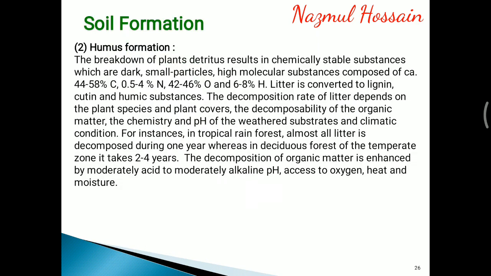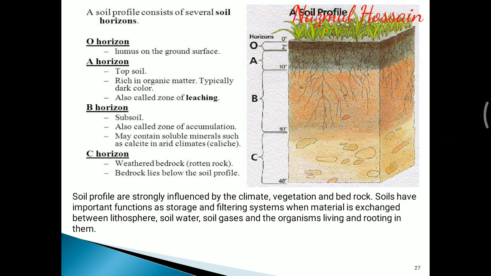A soil profile consists of several horizons, and from the figure we can see that there is an A horizon, B horizon, and C horizon. O horizon, humus on the ground surface. A horizon is the topsoil which is rich in organic matter, typically dark in color, also called the zone of leaching.